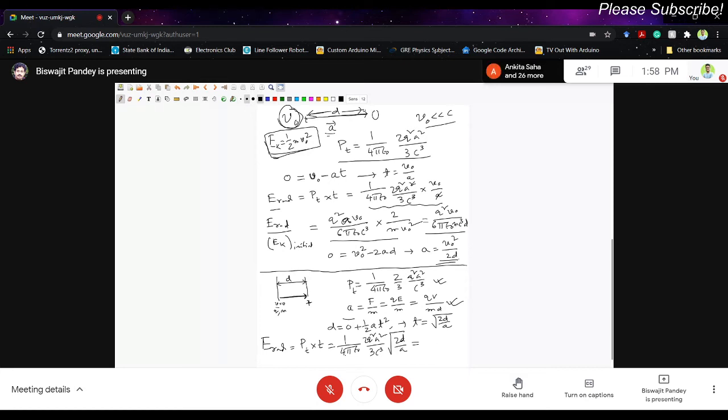I'm not simplifying this because this is all algebraic. You just have to simplify the powers of the different d, a, V, and so on. I just gave a couple of examples, because one can formulate different kinds of problems.